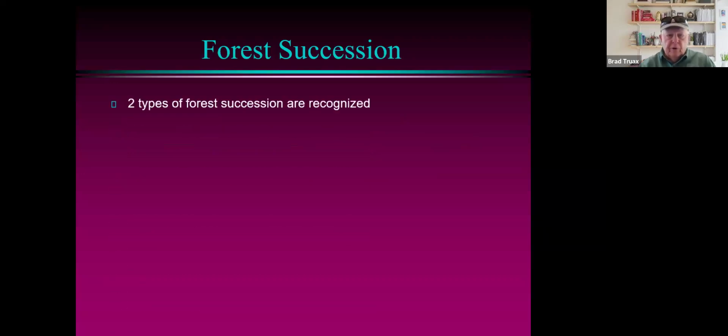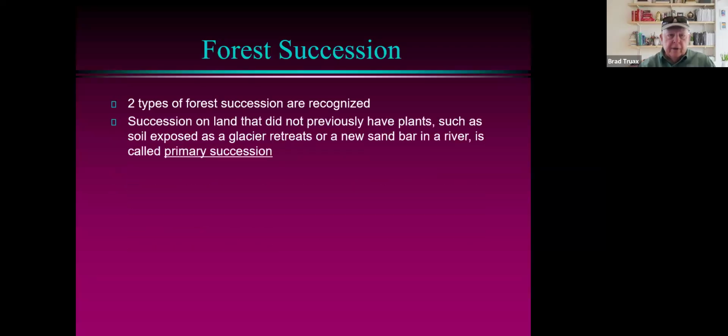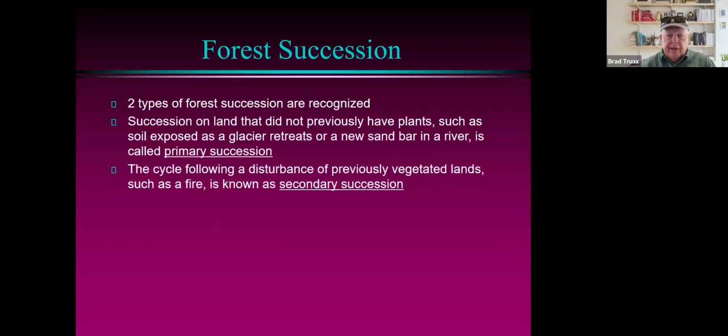There are 2 types of forest succession that are recognized. Primary succession is where there was land that did not previously have plants. This might be a glacier retreating or a new sandbar in a river. On the other hand, secondary succession is what occurs when there's a disturbance on previously vegetated lands, such as a fire or an ice storm.